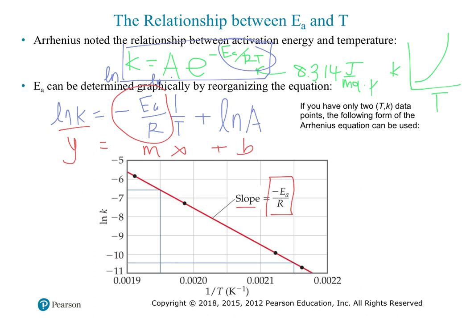You have some of these problems in your book where you'll just be given the slope, so all you'll have to do is multiply it by negative R to get activation energy.